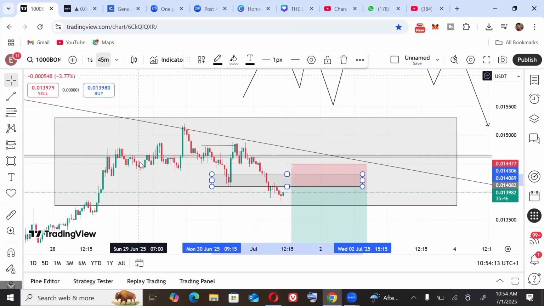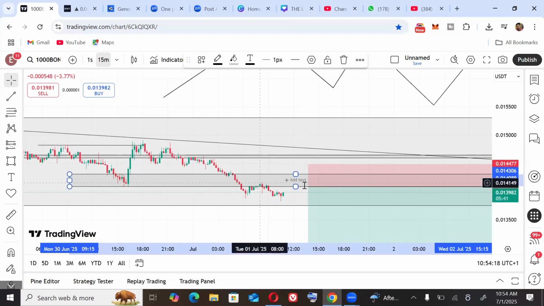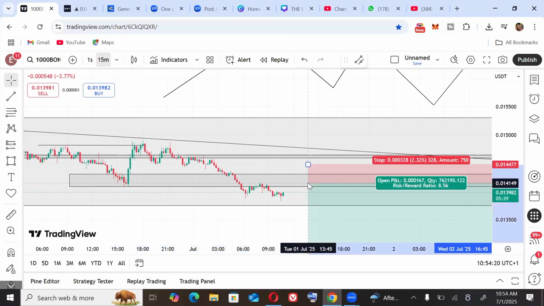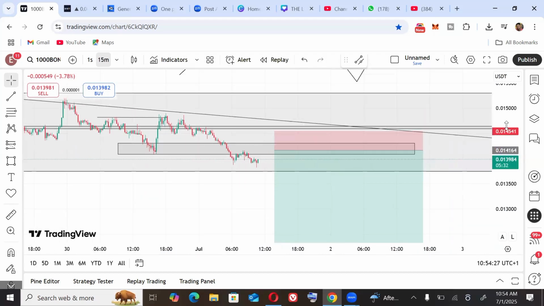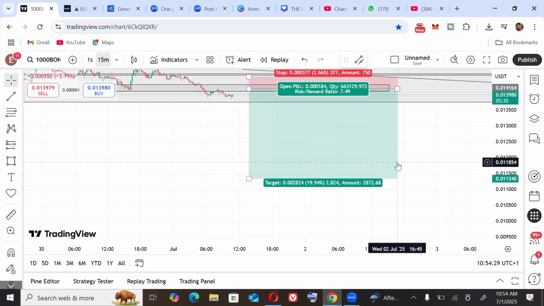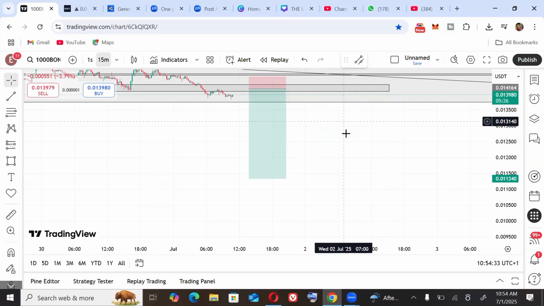Let's move to 15 minutes and see what I'm saying. My price takes out this inducement, I'll put my entry here, put my stop somewhere around there, and then we sell all the way down. 1 to 6, 1 to 7 risk to reward.